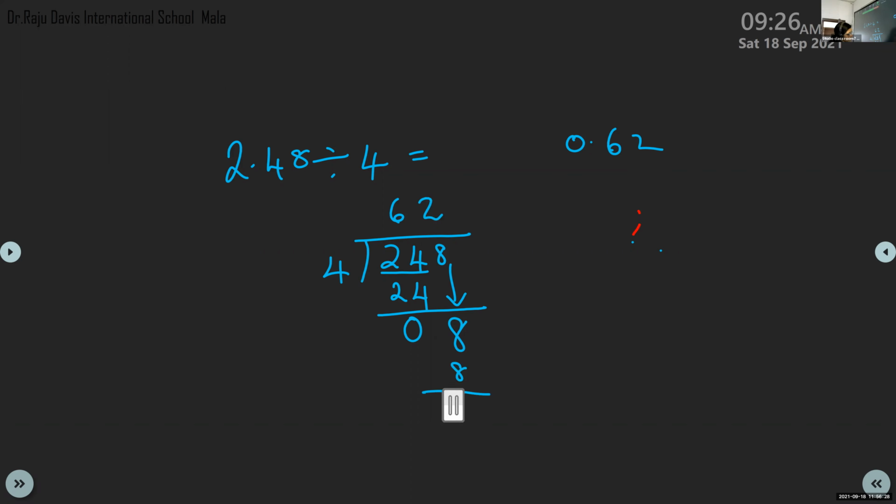So we get 62 as the answer. Now, how many decimal places in the question? 2 decimal places. So we write 0.62 as the answer. This answer is correct.